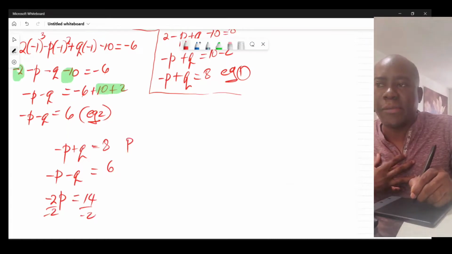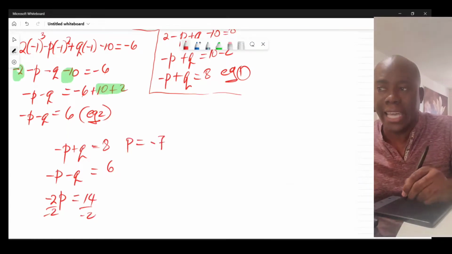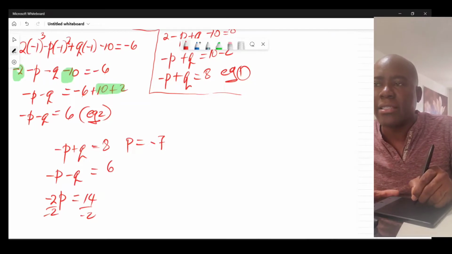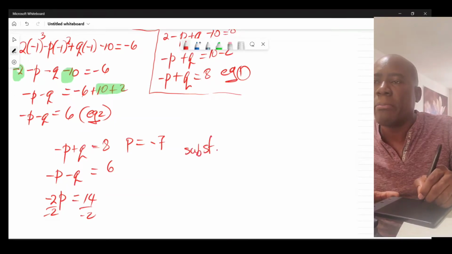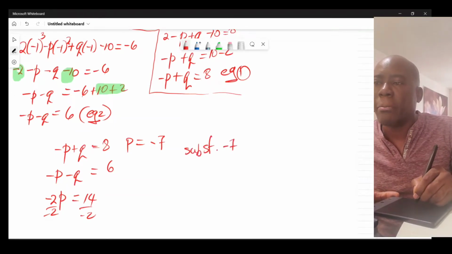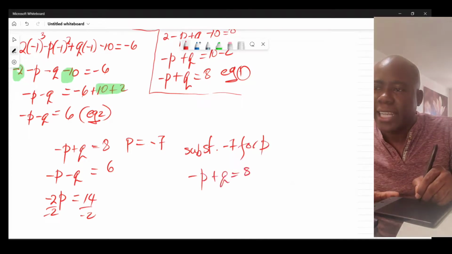Now, since I know that p is negative 7, I am able to substitute that in any one of these. So let us do a quick substitution. We want to substitute negative 7 for p. Minus p plus q is equal to 8. P is actually negative 7, so minus p is 7.